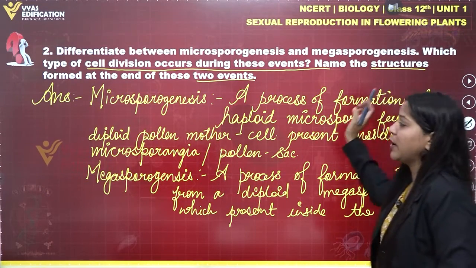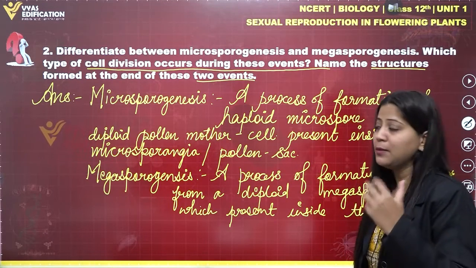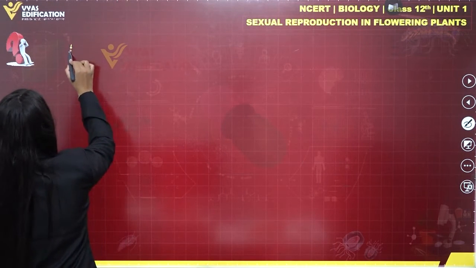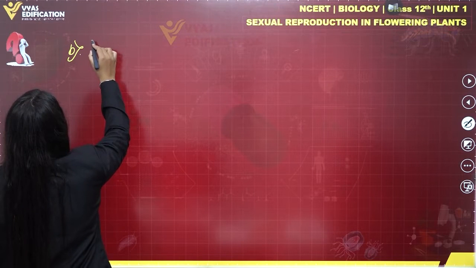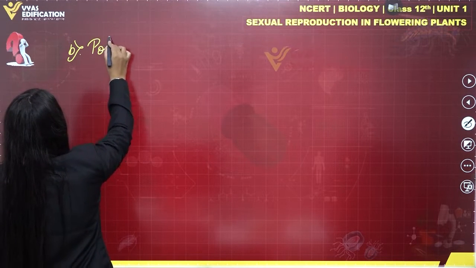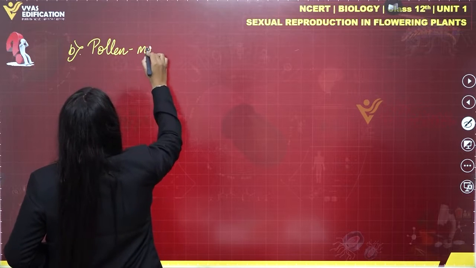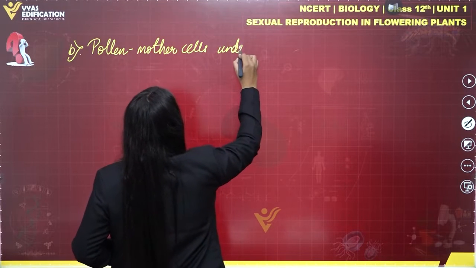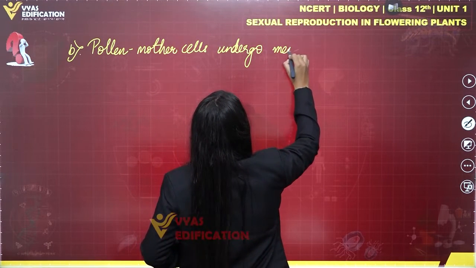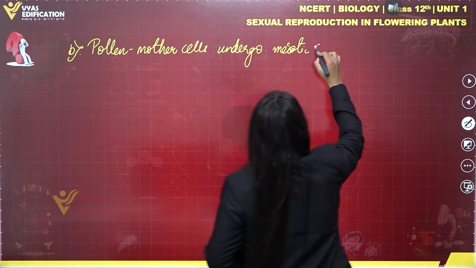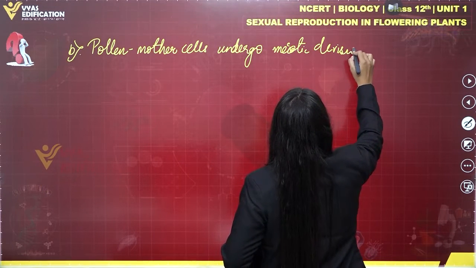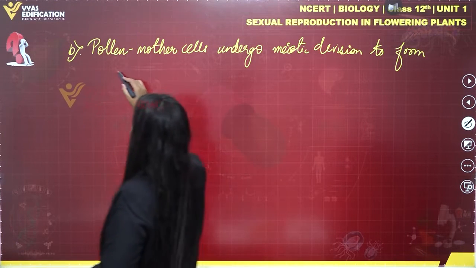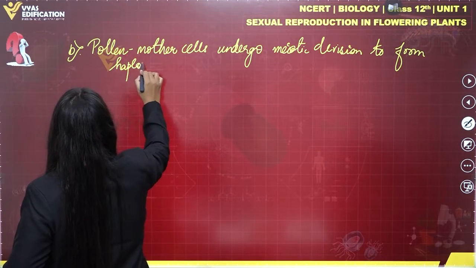Now if we want to write what kind of divisions take place during these two events, that is the second part of this question. Pollen mother cells undergo meiotic division to form haploid microspore.